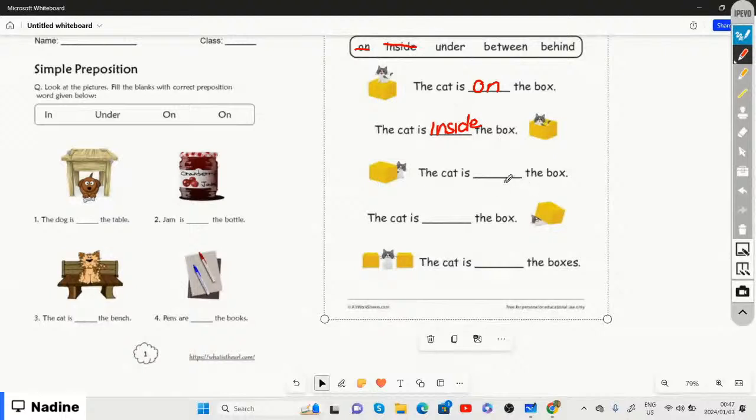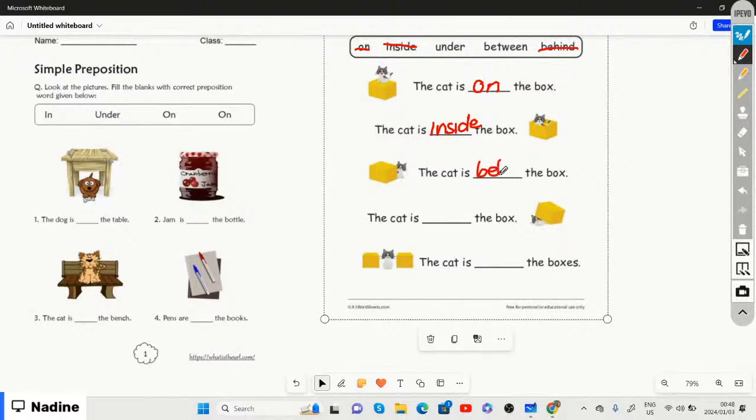And then the cat is behind the box. Look where this cat is. Is it under, between, or behind the box? And we can basically say that the cat is behind the box.